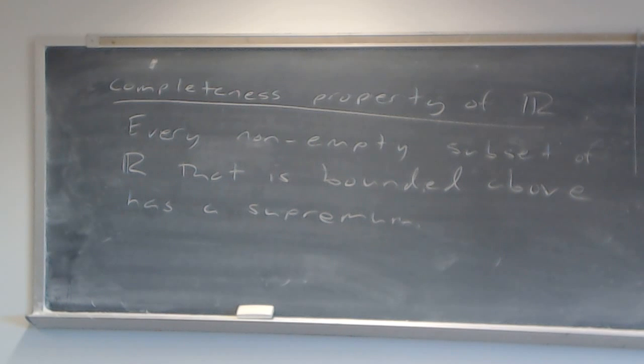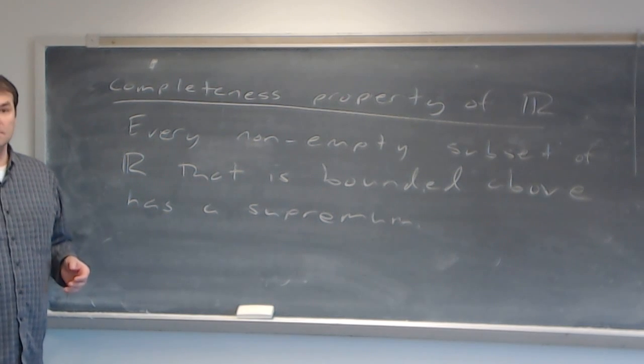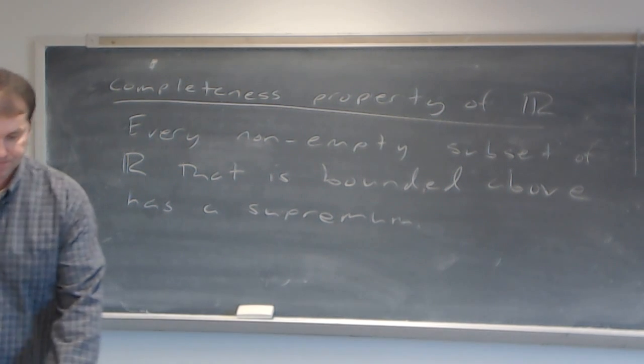So if you've got an upper bound, and you're non-empty, there's a supremum for that set that exists. We're not saying the supremum is in the set, it's just that the supremum exists for that set. That's what we're saying.